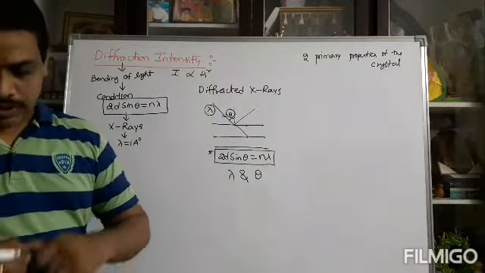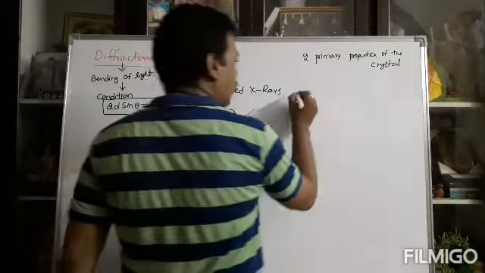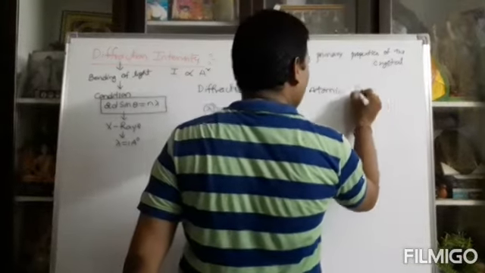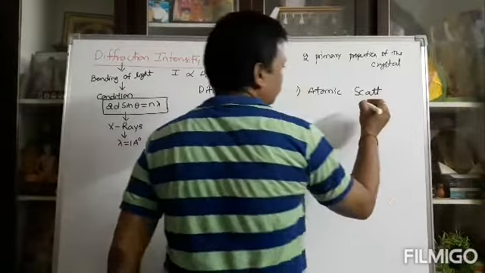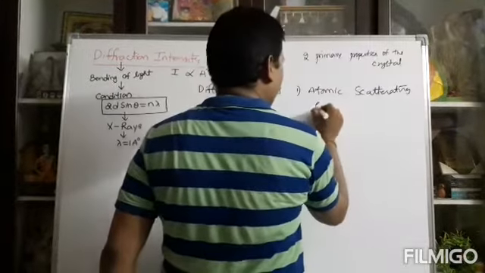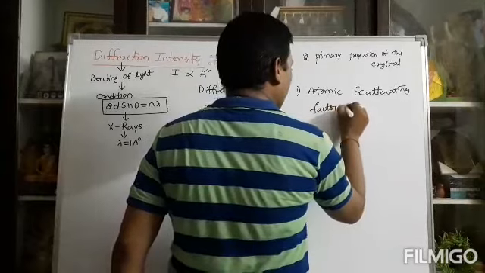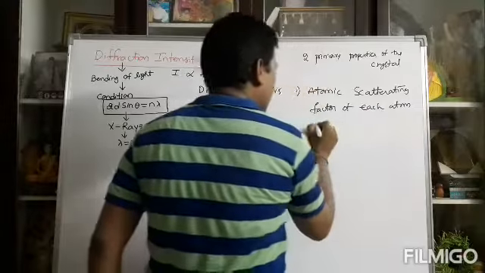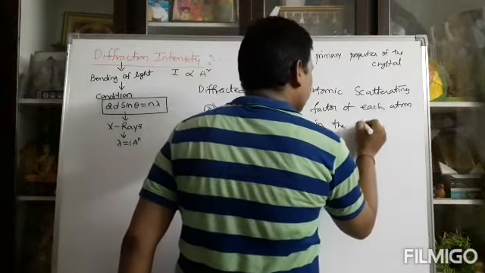What are those? The first one is atomic scattering factor of each atom in the crystal.